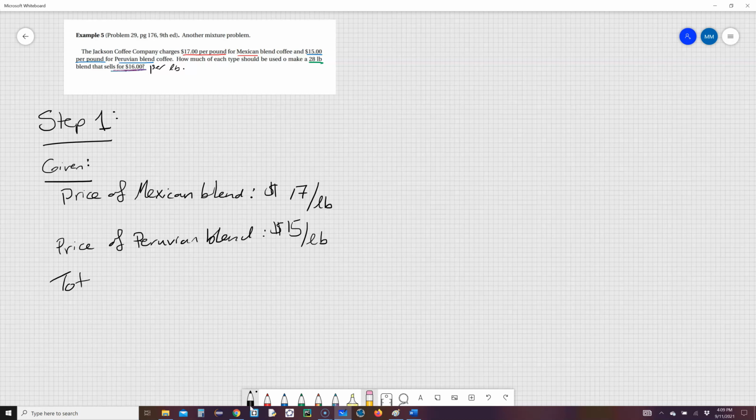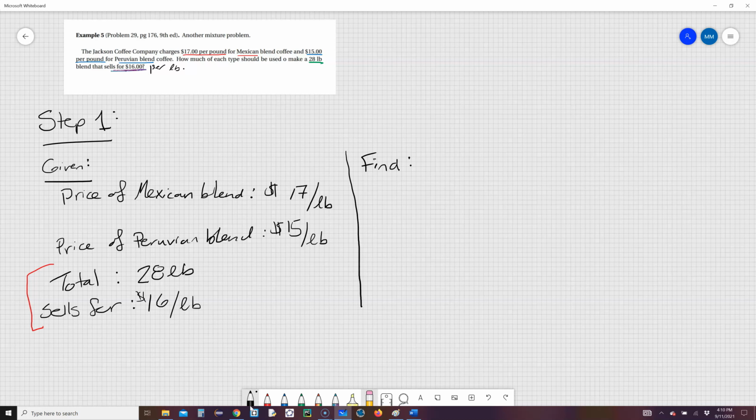We want a total of 28 pounds, and this blend sells for $16 per pound. So these two things are linked, and those two things are how we're going to make our blend.